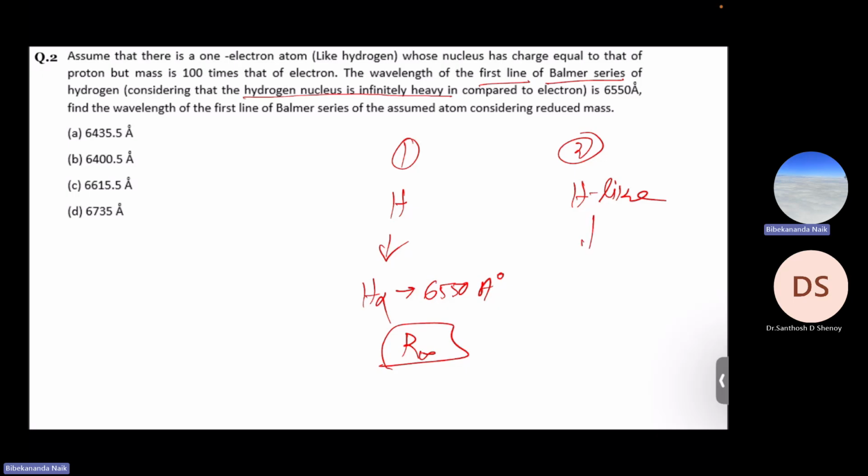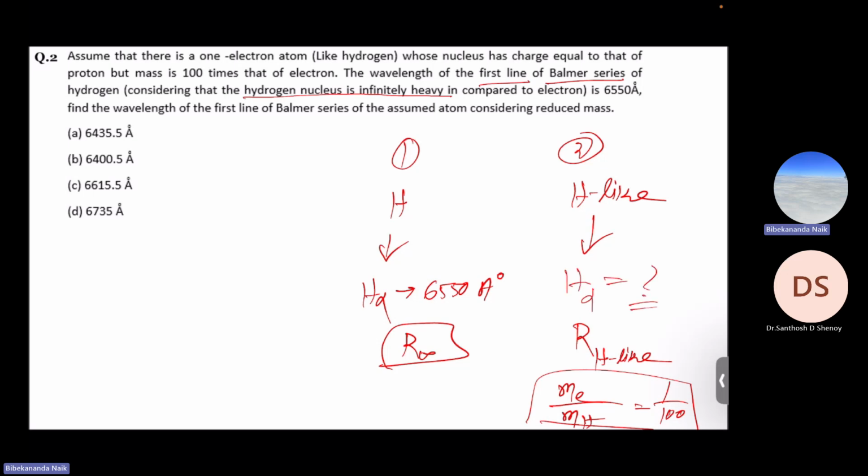But we need to find out the H like atom. So in this case, we have to consider H like atom. But what is the condition? Here the ratio of me by mh is given as 1 by 100. Then what will be the wavelength of H alpha line?